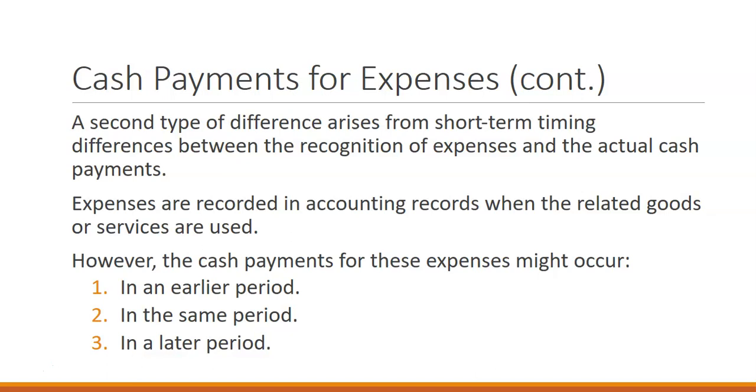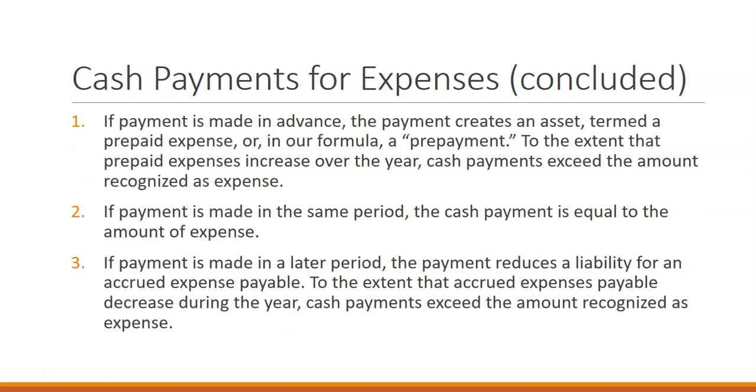Remember that we might have salaries expense with a salaries payable that doesn't get paid in cash until a later time. So we have to look at the payables accounts and the expense accounts to determine when exactly those expenses were paid out in cash, to look at our timing differences.